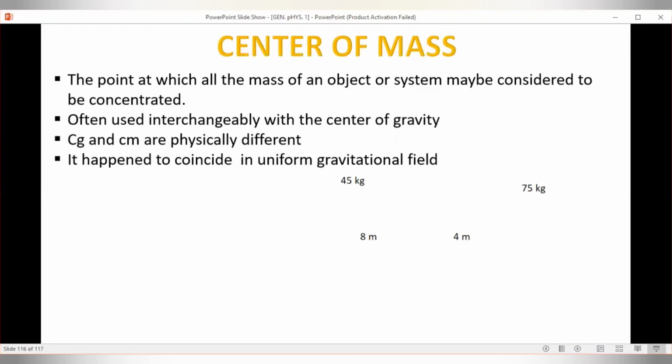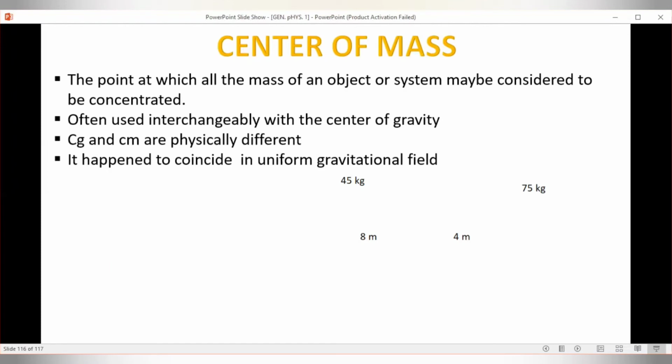It is often used interchangeably with the center of gravity, but they are physically different concepts. They happen to coincide in a uniform gravitational field.